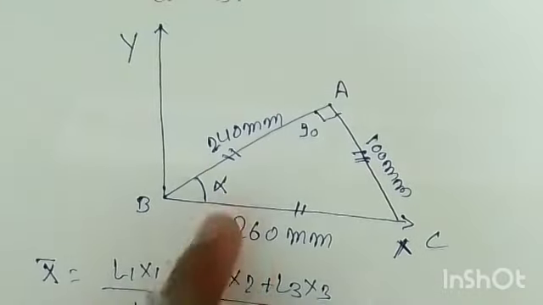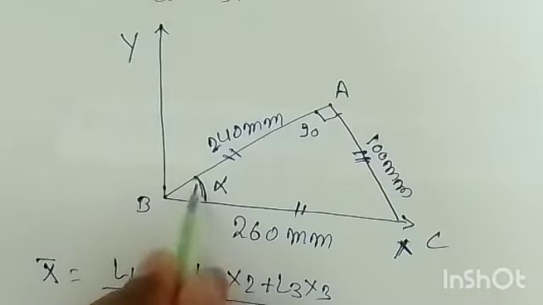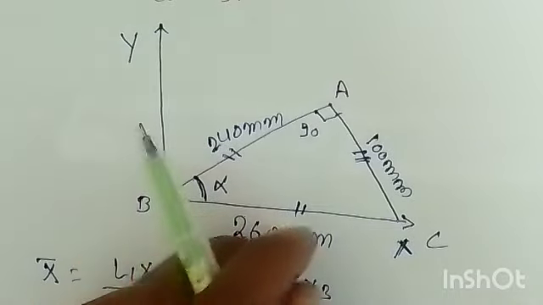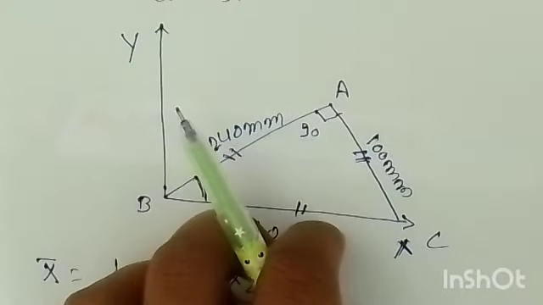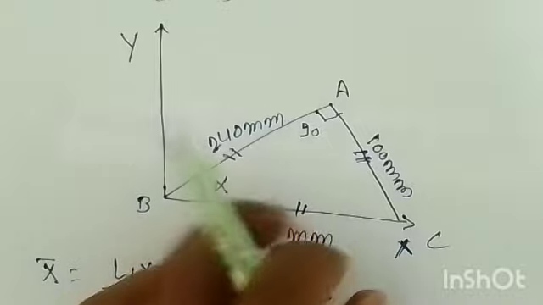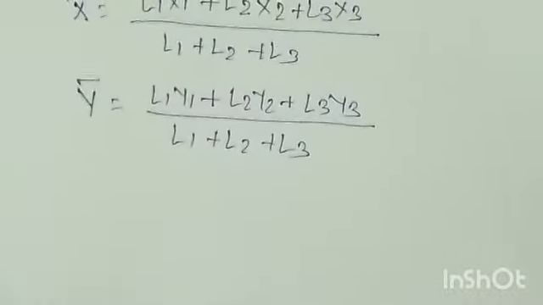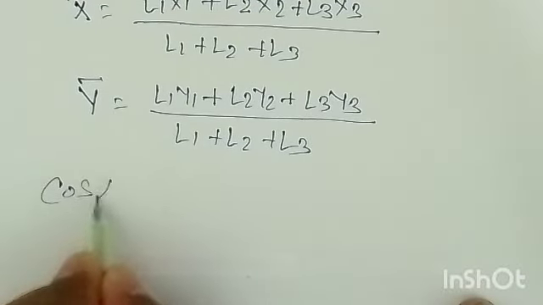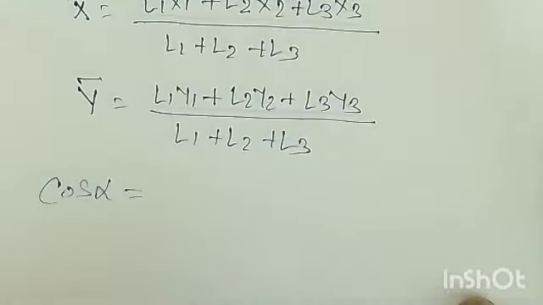So now you need to find this alpha, right? You can use any trigonometric term, either cos, tan or sin. Let's say we use tan alpha, which is opposite by adjacent. Actually, cos alpha is equal to adjacent by hypotenuse.